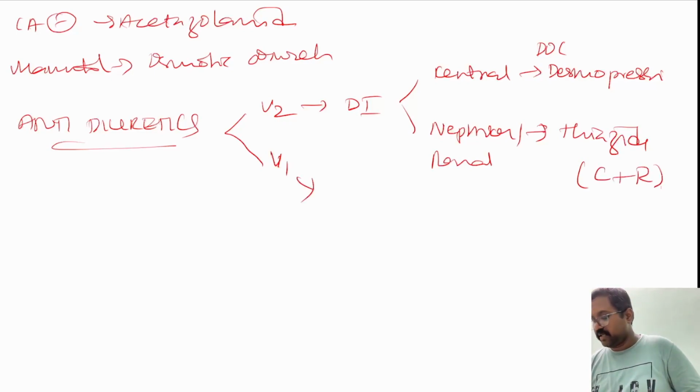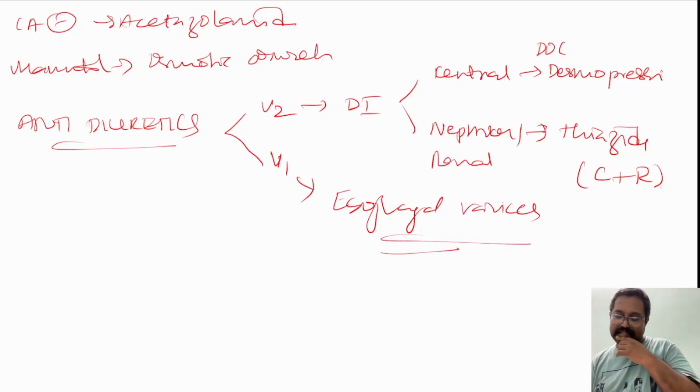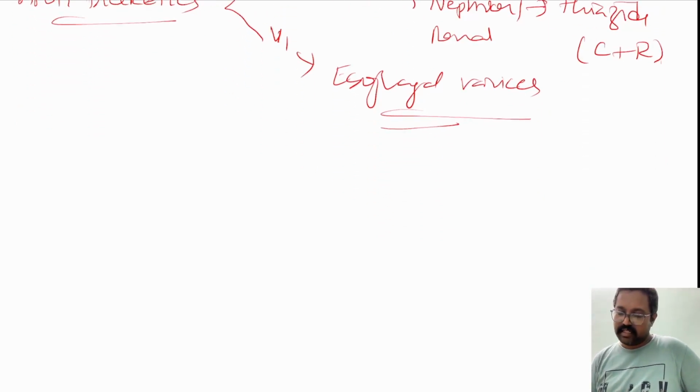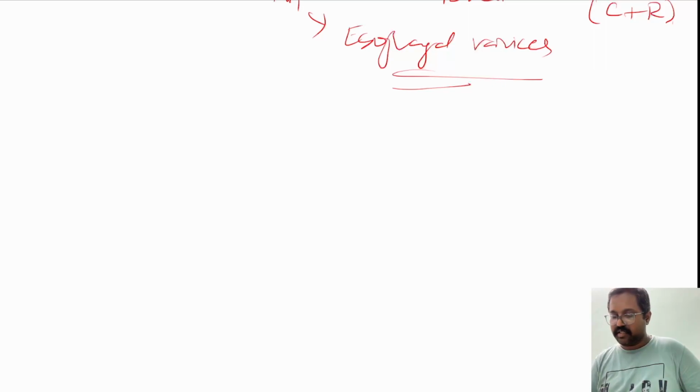V1 related, it can be used for esophageal varices. Apart from that, it is also used for bedwetting, etc.